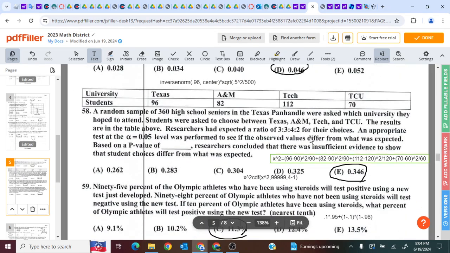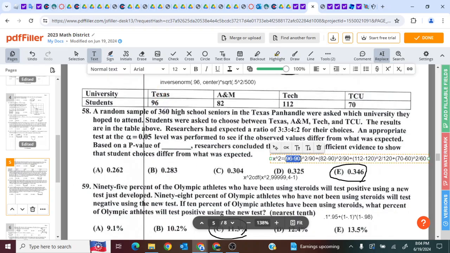58, a random sample of 360 high schoolers were asked where they want to go. They are in the ratio 3, 3, 4, 2, and you want a 95% confidence interval. So essentially, this is a chi-square test. You take your actual value, subtract the expected value, which would be 3 over the total 12 times the 360, so 90. You square it, and then you divide by the expected value.